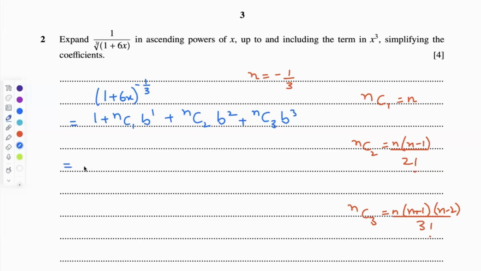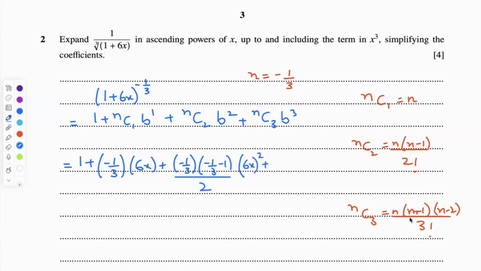Now, substituting the values of nC1, which is n, in place of n we can now write -1 upon 3 into b, which is 6x, plus nC2, that will become -1 upon 3 multiplied by (-1 upon 3 - 1), divided by 2 factorial, which is 2, multiplied by b squared, so that will become (6x) whole squared.